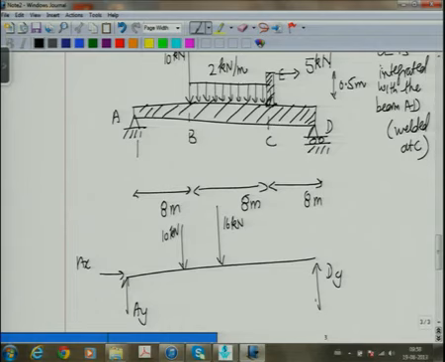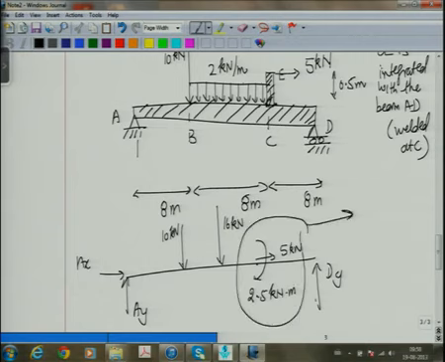So, at the point C, I show a 5 kilonewton force and the moment equal to 2.5 kilonewton meters, and these are the equivalent of the 5 kilonewton force at C.